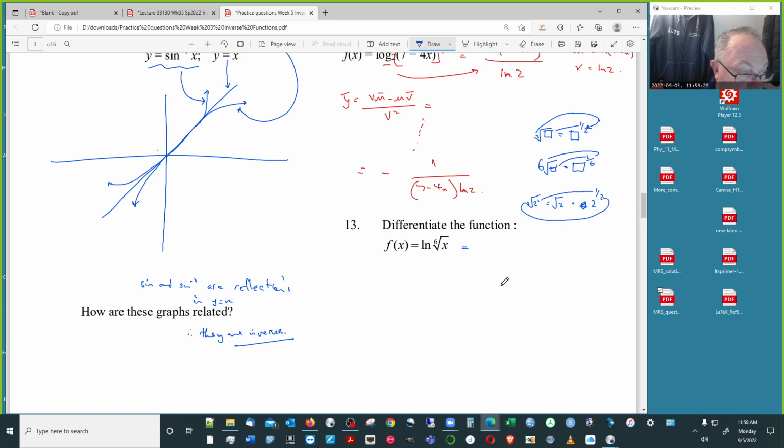Alright, all those little bits. So what are we going to have? We're going to have the ln of x to the power 1/6.